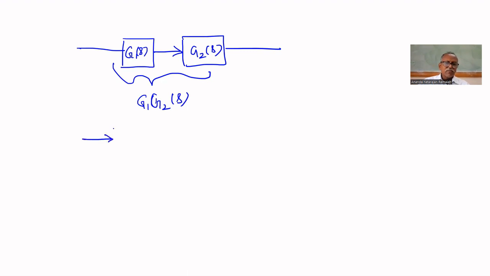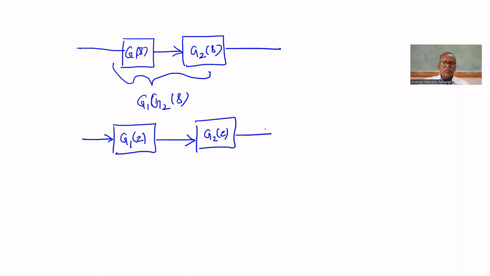Suppose I have G1 of Z and G2 of Z. In the Z domain, I have the transfer functions. You cannot multiply these two together.